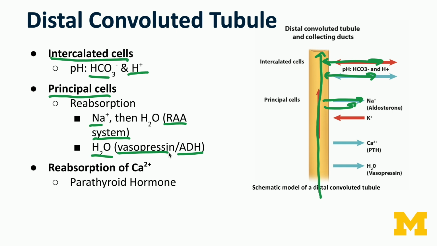And then finally, we have the opportunity for reabsorption of calcium ions. And this happens when parathyroid hormone is released by the parathyroid glands. Parathyroid glands increase the levels of blood calcium, and one of the ways that they help to increase that is to reclaim any lost blood calcium from the filtrate into the blood.